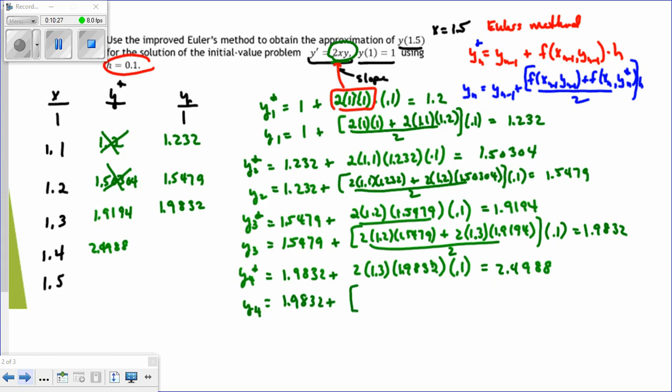Let's average the two slopes. .4, and then the projected y value. Oops, 88 times the 0.1, and that comes out to be 2.5908.